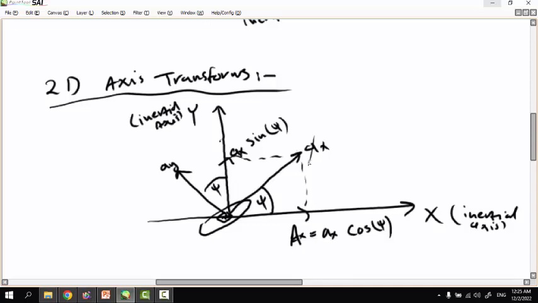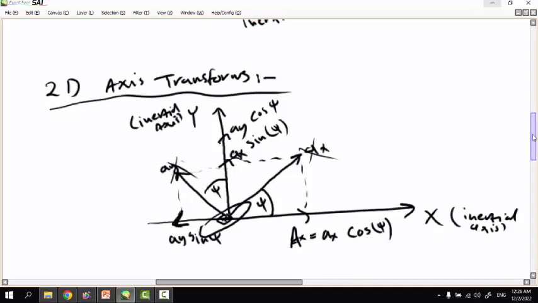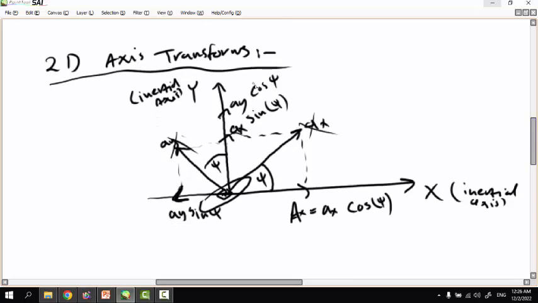We neglect this one. We have ay cosine psi, and here ay sine psi. We neglect this one. Together these will be ay, the acceleration in the y inertial axis.